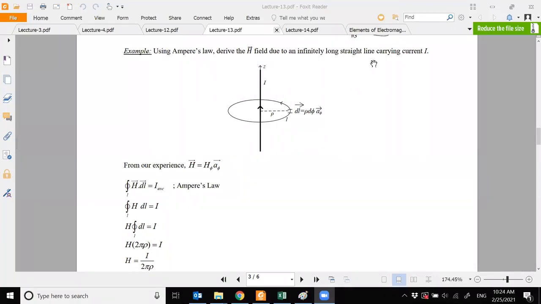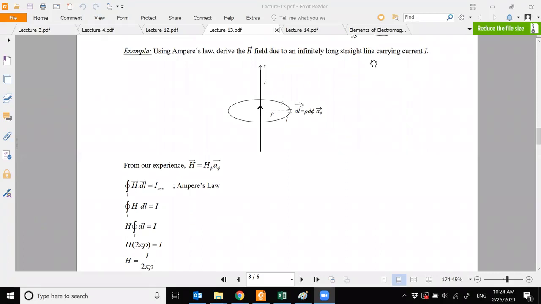So what we need to do here, again very similar to Gauss's law, you have to first find the coordinate system. Second, you have to enclose your current in a closed loop, or a closed path.